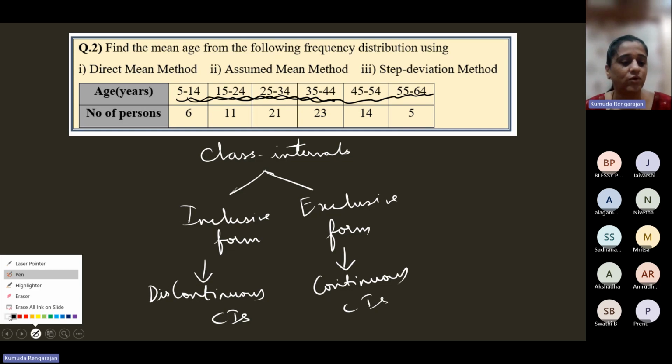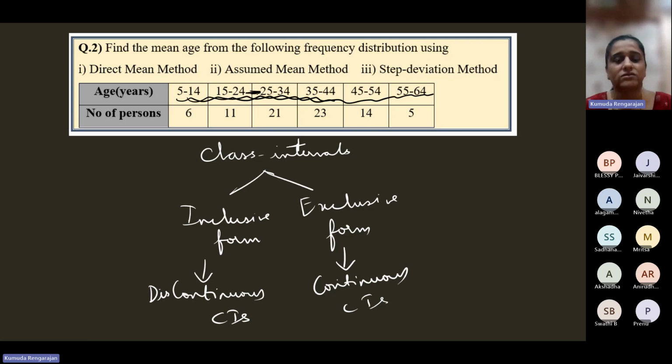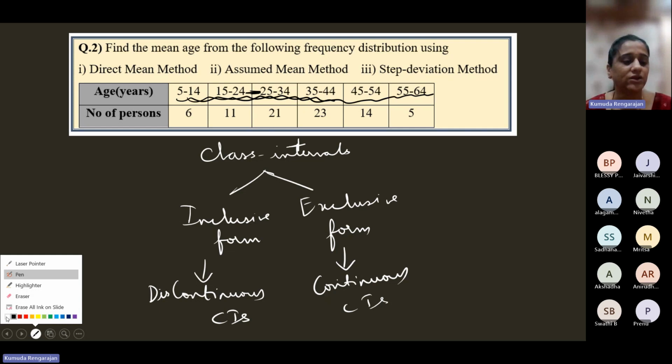Then again a break, 25 to 34. After 24, it's 25. So in this question, the frequency distribution is of the inclusive form, or discontinuous class intervals. The class intervals are not continuous.